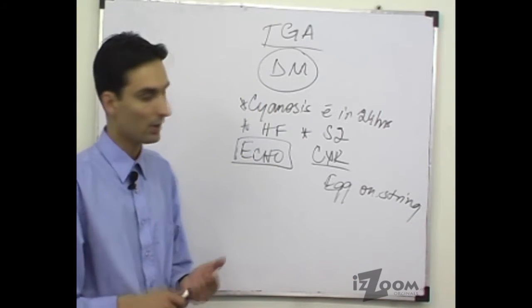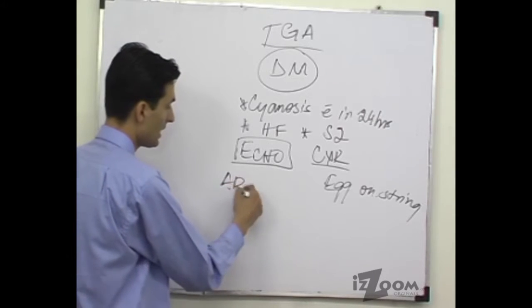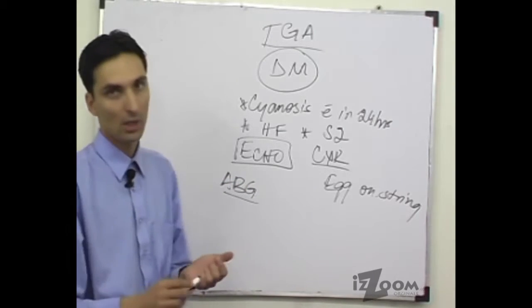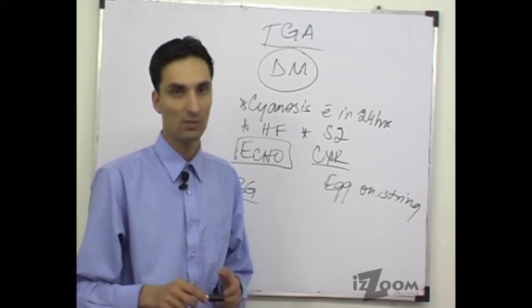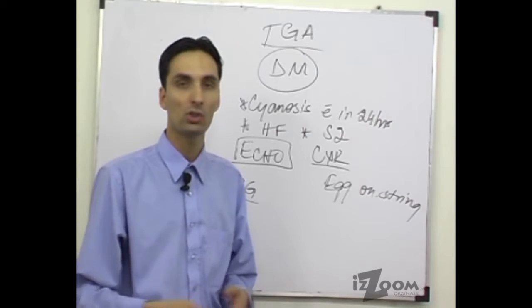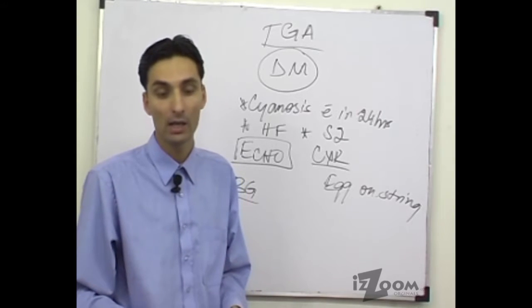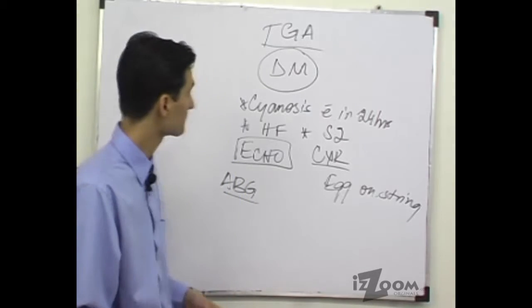In addition to that, when you do an ABG, arterial blood gases, the level is low, and this low level of oxygen in the blood cannot be improved by supplementing the patient with oxygen.